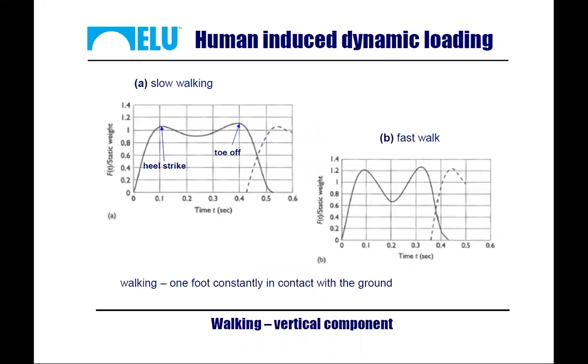Now, the good thing about dynamic loading, at least for walking, is that we have very good empirical data defining the force that is generated under our feet when we walk. What you see here in the slide are 2 diagrams of the force divided by the static weight, A for slow walking, B for fast walking.